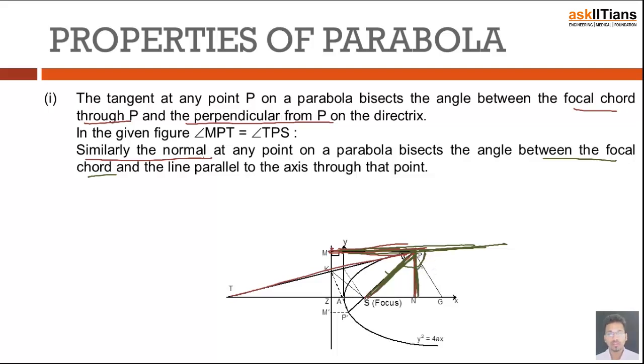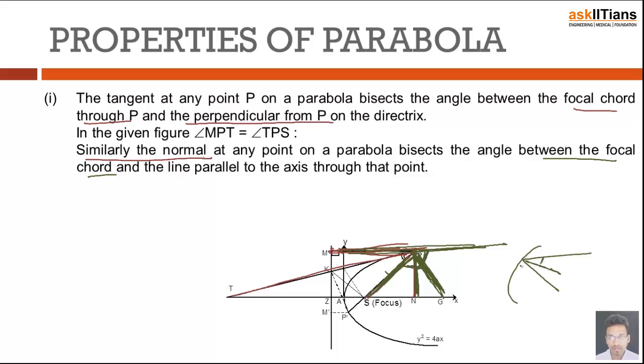Okay, so clearly this gives rise to the reflection property: any ray falling on the parabola parallel to the axis passes through the focus, because the normal, this is not the normal, basically PG is the normal here, sorry. So PG is the normal, it bisects this angle and this angle.